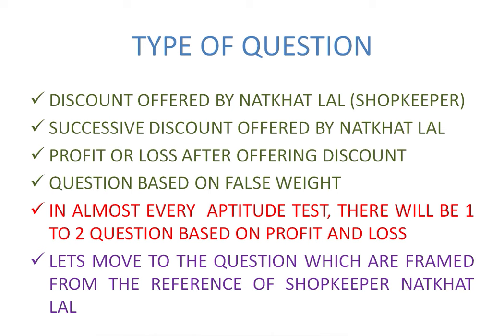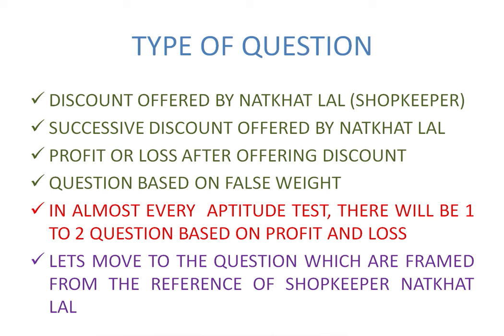that difference will be the gain of the shopkeeper. So in almost every aptitude test and every competitive exam, we will see one to two questions based on profit and loss. So this is a very important chapter of quantitative aptitude. We have to understand the basics.